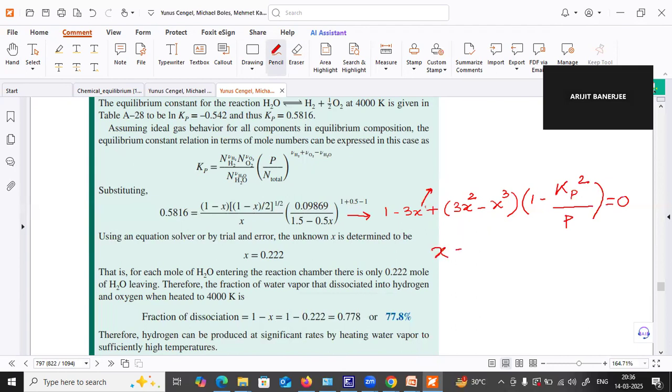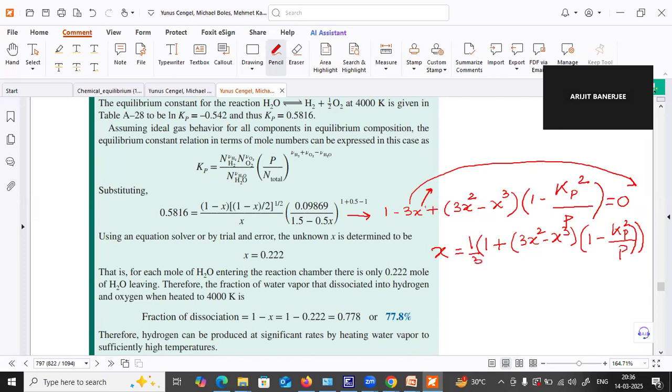So x is equal to, taking it on the right hand side, 1 plus 3x square minus x cube multiplied by 1 minus Kp square by P, whole multiplied by 1 by 3, because it is 3 multiplied with x, so it will be 1 by 3.